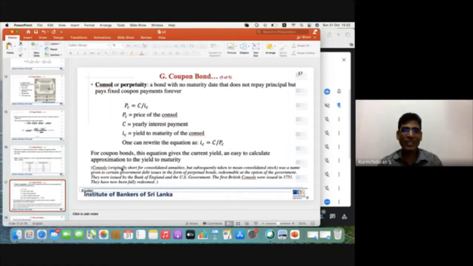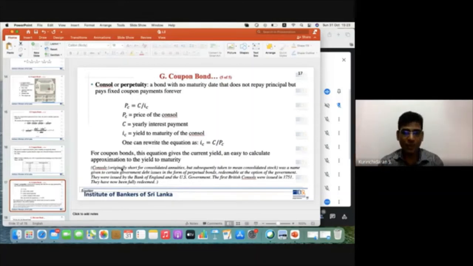Here I have mentioned this coupon bond, the console or perpetuity. A console means there's no maturity. It's lifelong: you invest, and lifelong you will be having coupon payments.